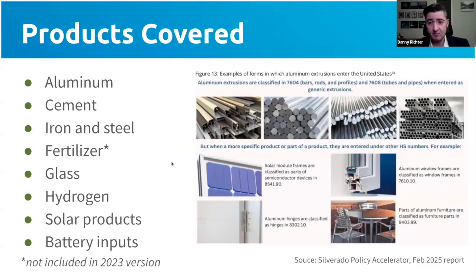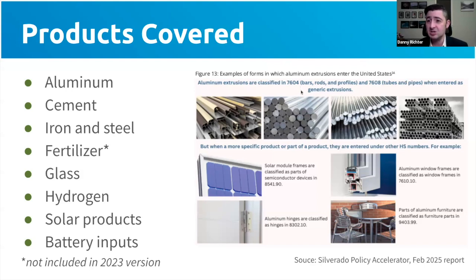Here's the list of products covered: aluminum, cement, iron and steel, fertilizer, which was not covered in the earlier version, glass, hydrogen, solar products, and battery products. And then this figure is also from that Silverado Policy Accelerator report. And what this figure brought home to me was just the complexity. I mean, I said aluminum, but what this breaks down is just all the different ways that you can have aluminum imported into the United States. So aluminum extrusions are classified in 7604.